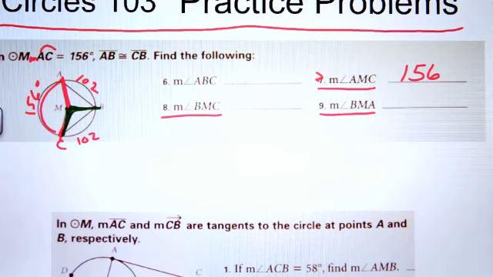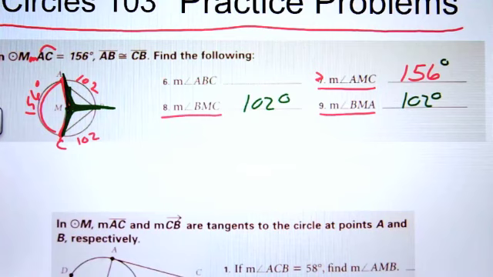That's going to be 102 degrees. Let's put a degree mark up there. The measure of angle BMA, right there, 102 degrees.